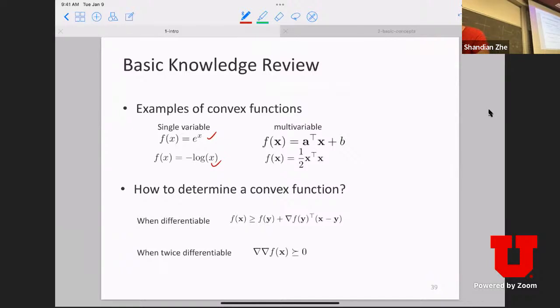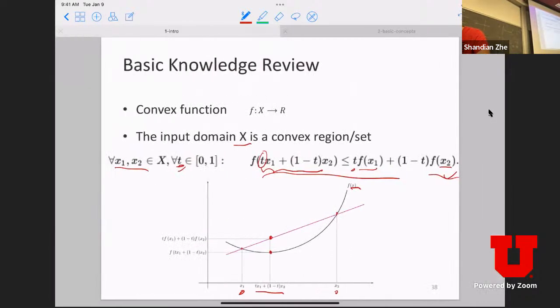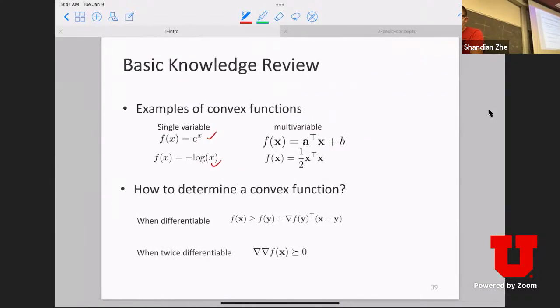Concave function just means the definition is the same, except that you change the less than or equal to into bigger than or equal to. You just change the direction of the inequality. Then if the function satisfies this with the changed direction of the inequality, it is called concave. And the log function is a concave function. Something like that is a concave function.